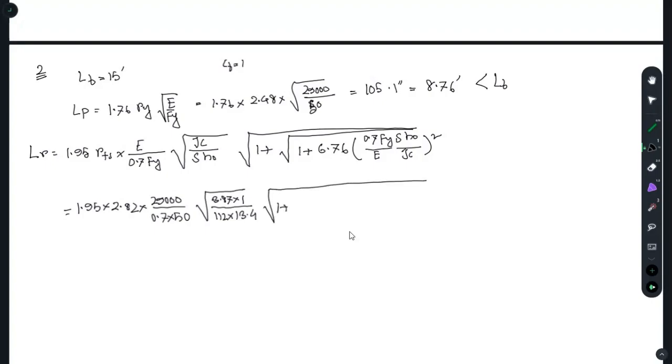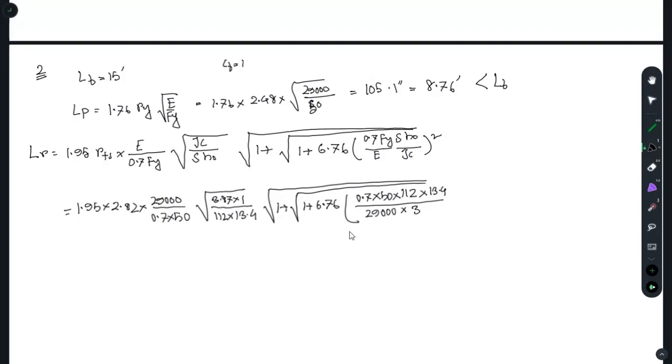1 plus root over 1 plus 6.76, 0.7. Fy value is 50, S value is 112, and ho value is 13.4, and your E value is 29,000 ksi, and J value is 3.87.